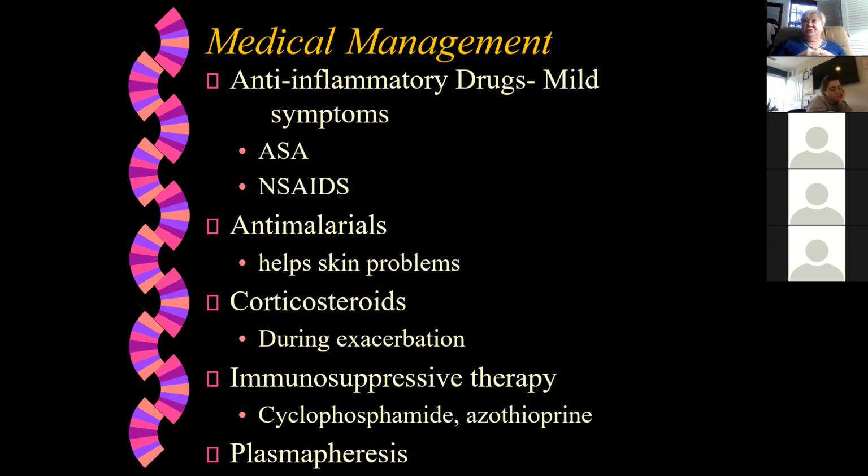Now, about two editions back in Lewis, under lupus, there was a huge section about plasmapheresis and how it was going to be the end-all be-all treatment for lupus. So what is plasmapheresis? Well, it's done in a dialysis setting.